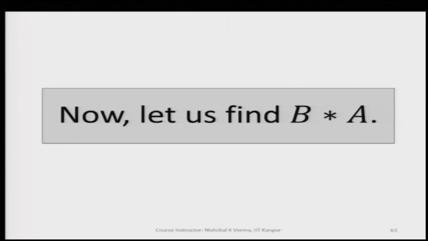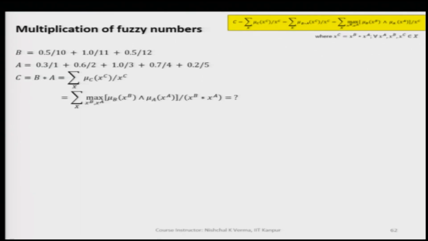So, now let us find B star A, means now let us take B first and then A. Let us see what is happening.